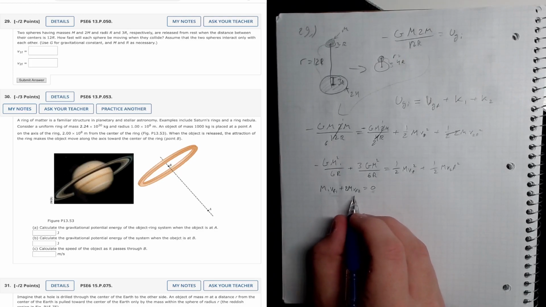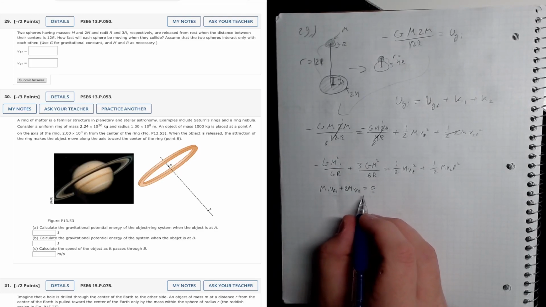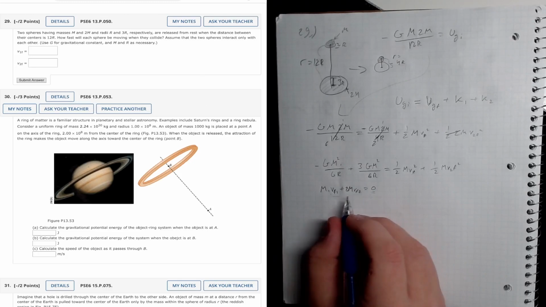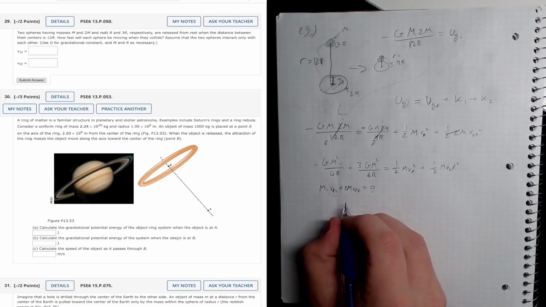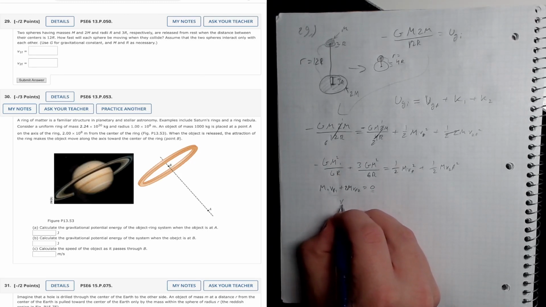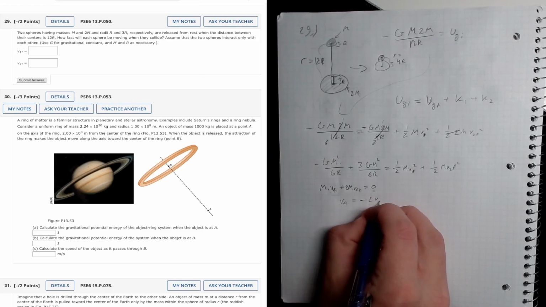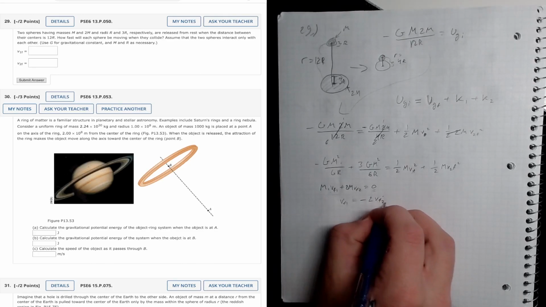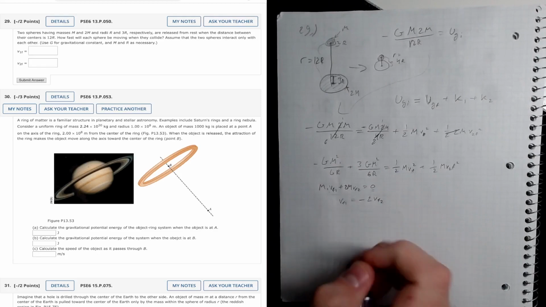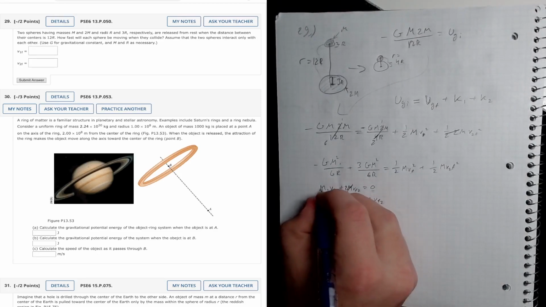We can get an equation for v2, or v1, whichever one you prefer, honestly. Start off with v final 1 equals negative 2 v final 2, it looks like, because the m's will cancel out.